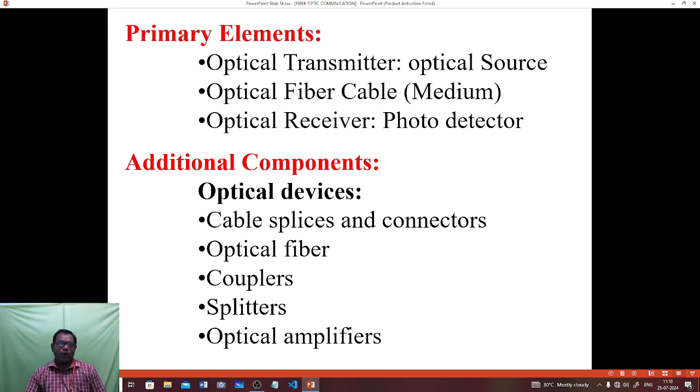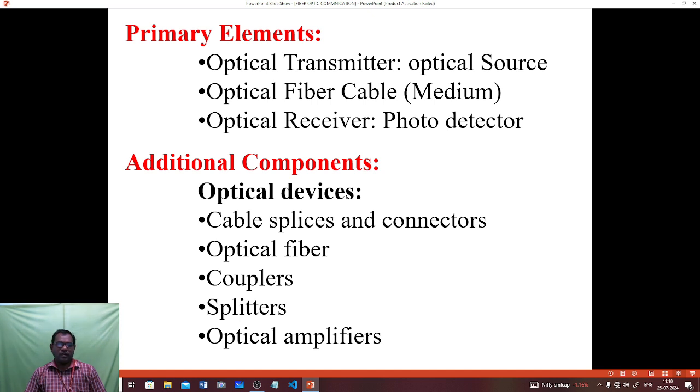Primary elements of optical fiber communication are the optical transmitter, optical source, optical fiber cable, that is the medium, and the optical receiver, where we use a photo detector, PIN photo detector, avalanche photo detector. Similarly, for the transmitter we use a light emitting diode or laser, that is light amplification by stimulated emission of radiation.